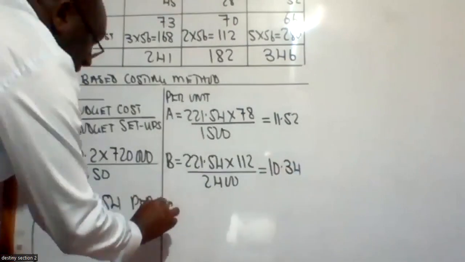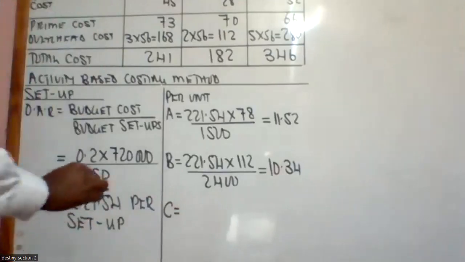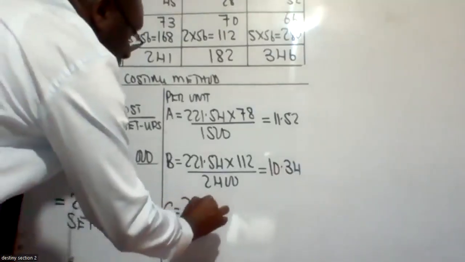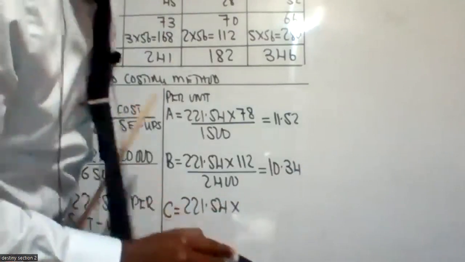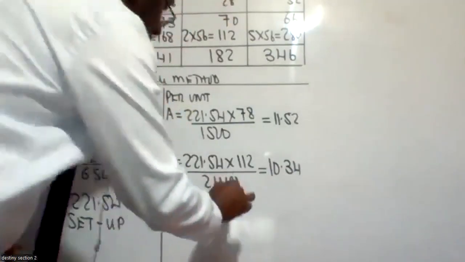Product C, you take 221.54 times the number of setups, which are 460.